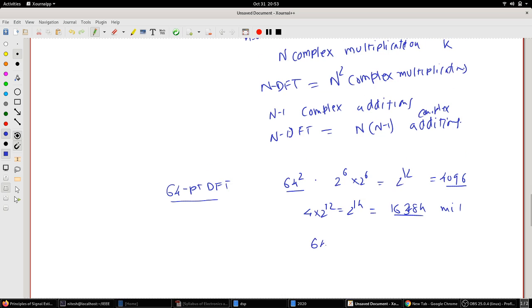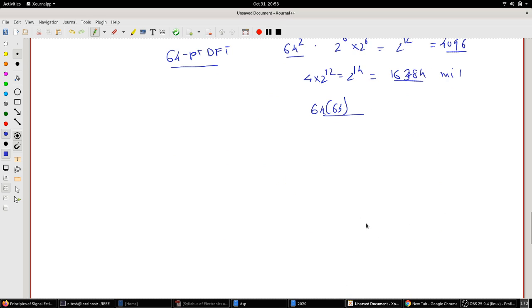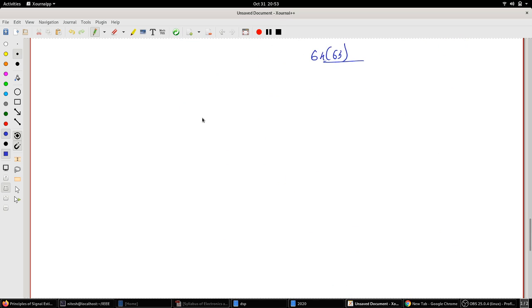and so many, 64 into 63 complex additions. Okay, so on. So that's quite a sizable number. Because the number x of n can actually be a floating point number. If it was an integer multiplication, that's okay, but I am talking about floating point operations.